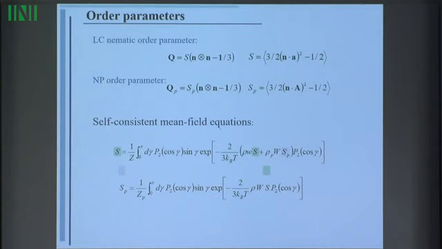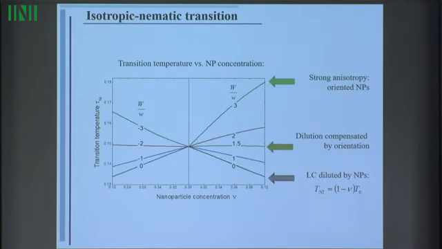Even in this case, a number of simple results can be obtained. For example, how the isotropic-nematic transition temperature depends on nanoparticle concentration, depending on the anisotropy of the interaction between the nanoparticle and the liquid crystal molecule.